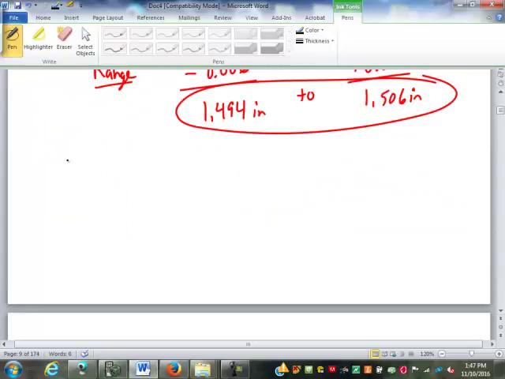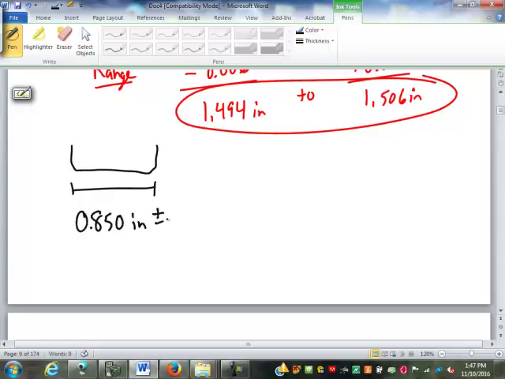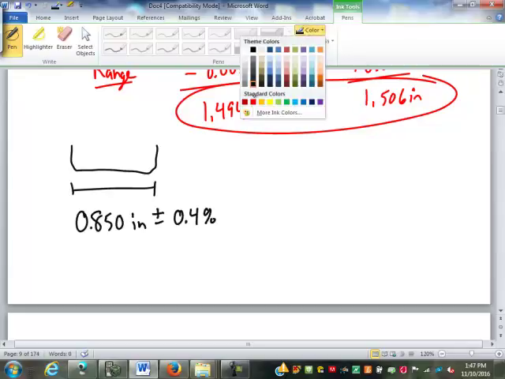Another way of writing it would look like this. What's that saying? 0.4% of the measurement, right? Plus or minus 0.4%.